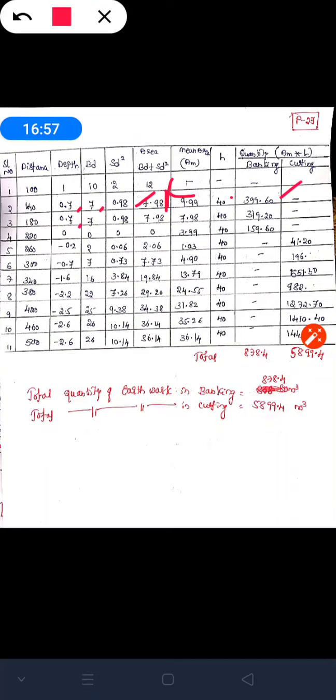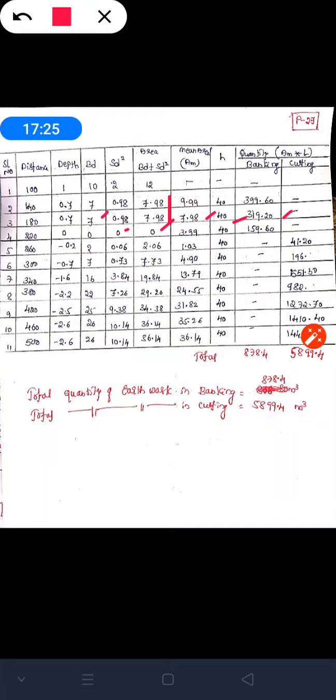Okay, now next, I move on to the second chainage at 187. The remaining values will remain the same, and even the area will remain the same, 7.98. Then the mean area will be the average of these two, which is 7.98. For this 7.98, I multiply by 40, then I got the total quantity equal to 319.20.